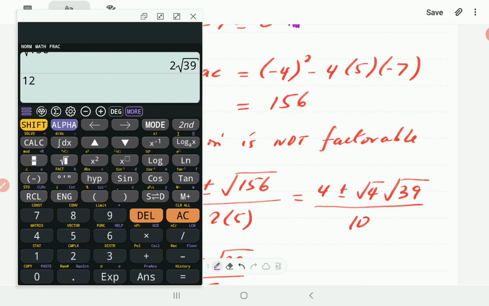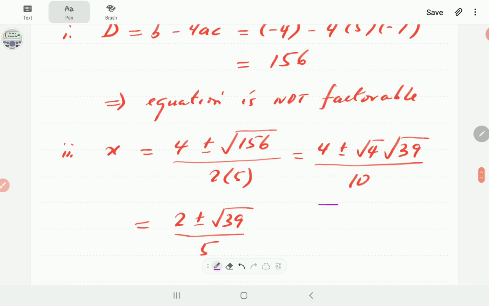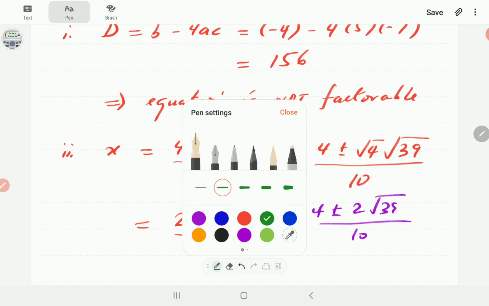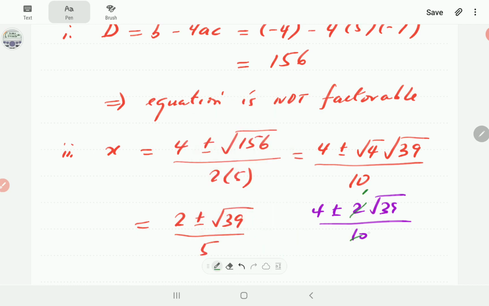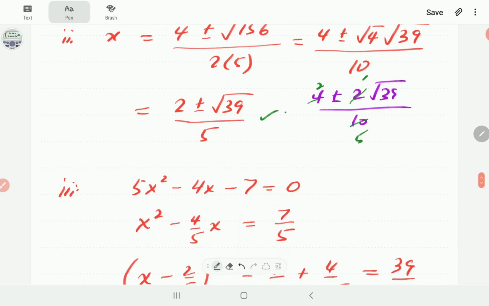So 156 divided by 4 is 39. So it means 156 we can write as 4 times 39. But then square root 4 is 2. So this is going to be 4 plus or minus 2 square root 39. And then we can cancel out 2 here. So 2 goes once here, 5 times there, and twice there. And so that's going to be our final answer.